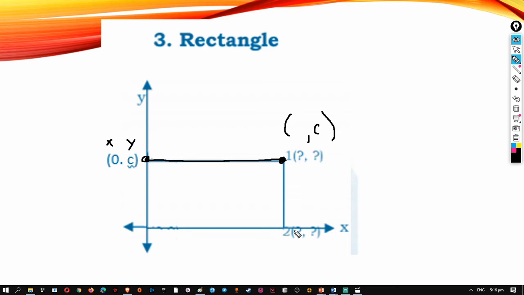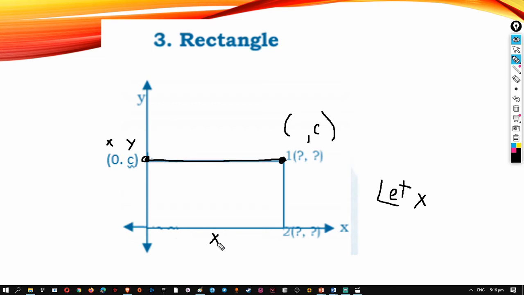Ang problema natin ay itong first coordinate. Dahil hindi natin alam, we will represent it by x. So, let x.